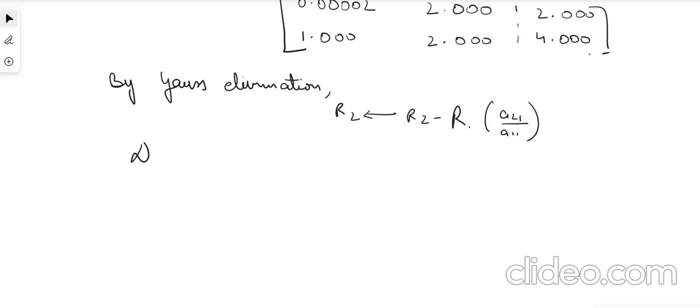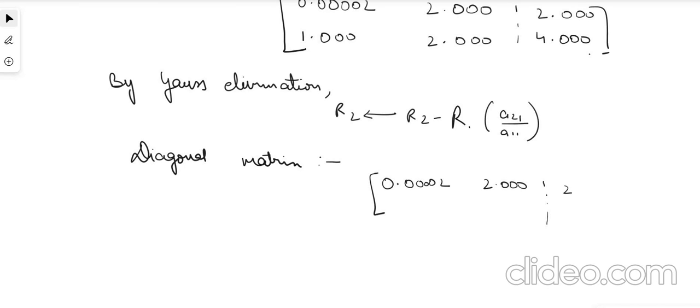The diagonal matrix we get is 0.00002, 2.000, 2.000, 0, minus 99.998, minus 99.996.